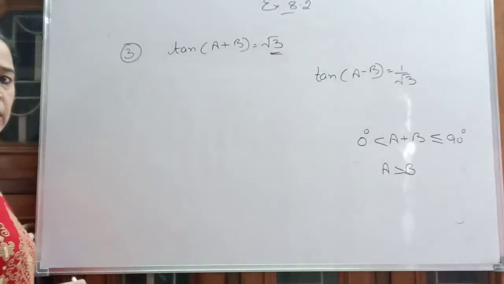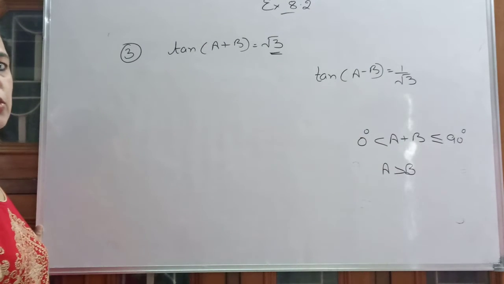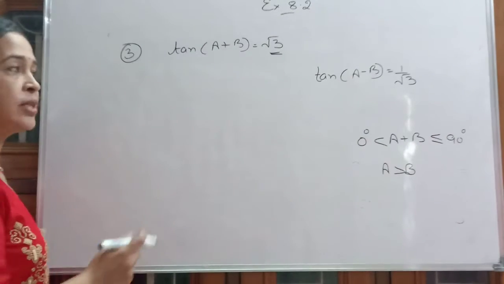In case of tan, which angle is equals to root 3? Tan 60 degrees, root 3.